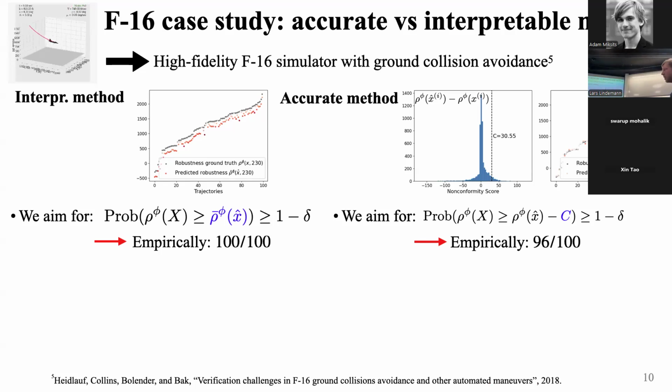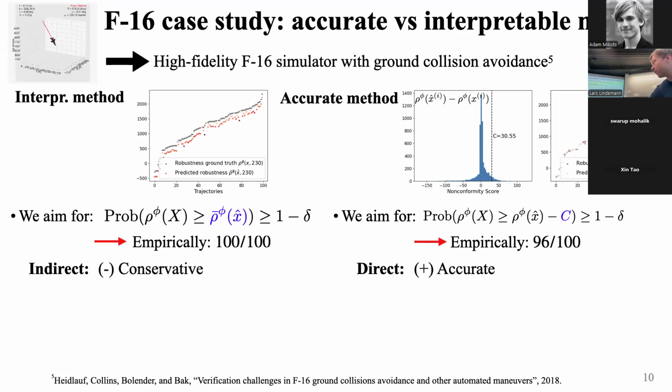And what you can see here is that while the interpretable method is accurate and interpretable, there's a huge gap between ground truth and predicted performance, telling you that you're losing something along the way, at least in comparison to the accurate method, where you see the bound is much tighter compared to ground truth, okay?